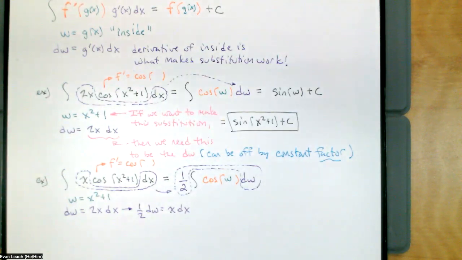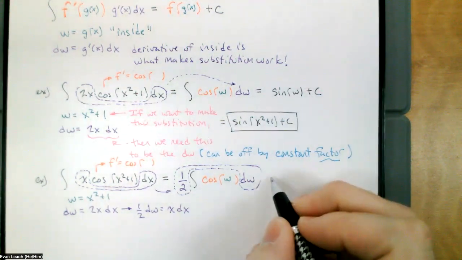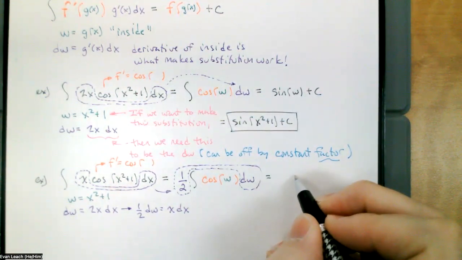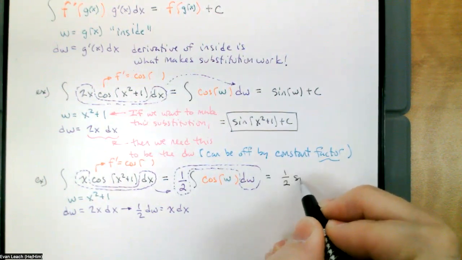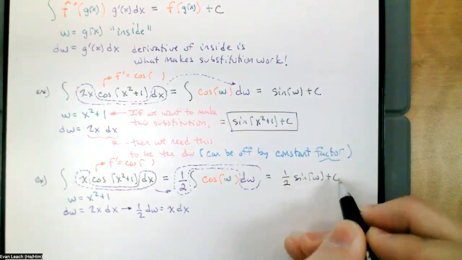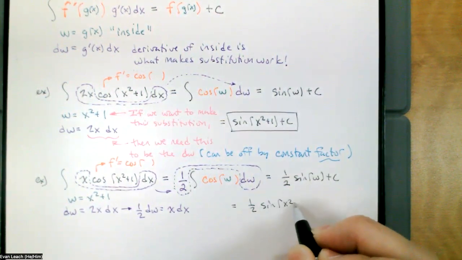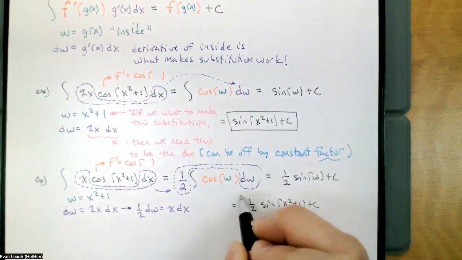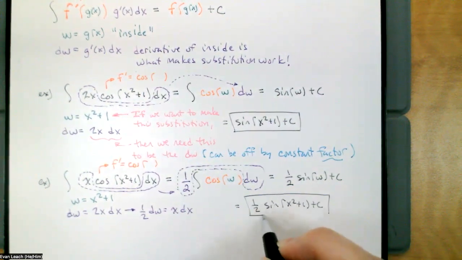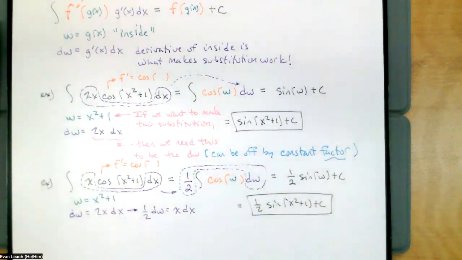It just pulls out this constant factor of 1/2. So when we integrate, we end up with not just sine of w plus c, but a 1/2 sine of w plus c. So our answer is a 1/2 sine of x squared plus 1 plus c. The important part is the x, not the 2.